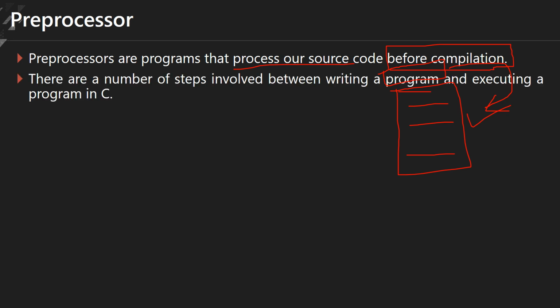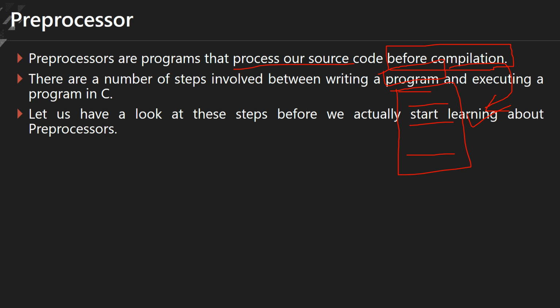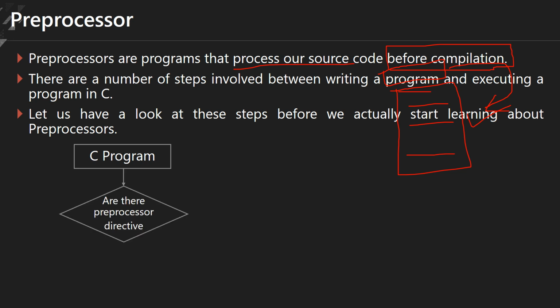There are a number of steps involved between writing a program and executing a program in C. So it is a sequential program execution. Let us have a look at these steps before actually learning about the preprocessor. C programs will be like this. Are there preprocessor directives?